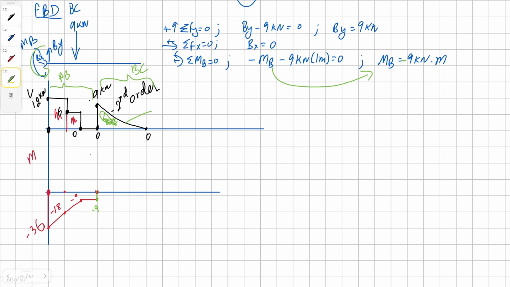So this is going to be base times height, so 9 times 3 divided by 3, and that comes up to be positive 9. And so this curve is going to be concaving downwards, hence it's going to be third order.